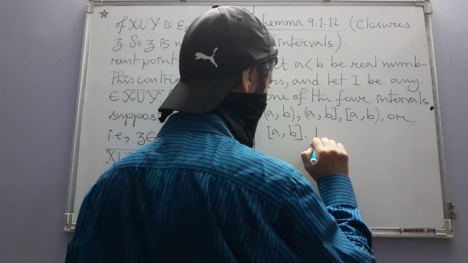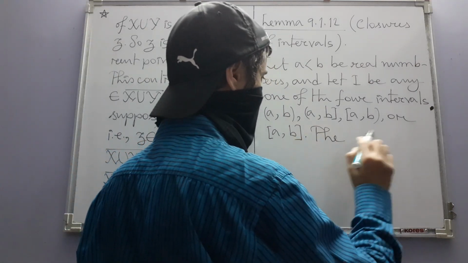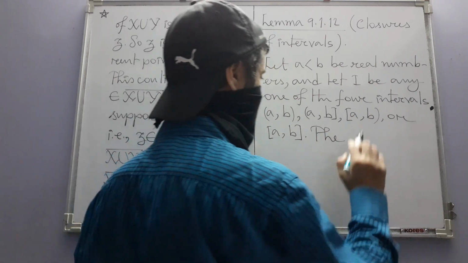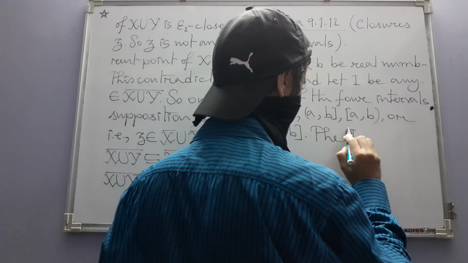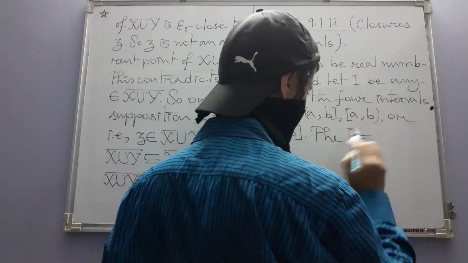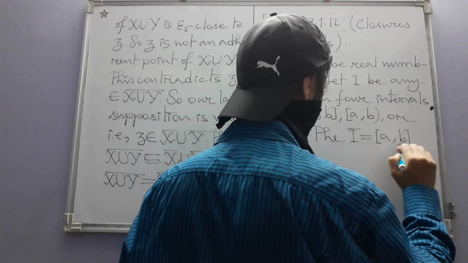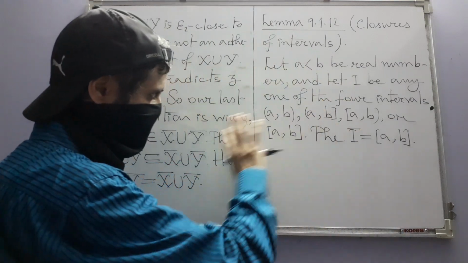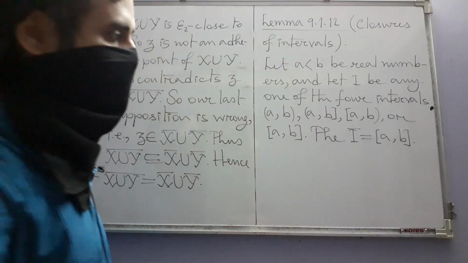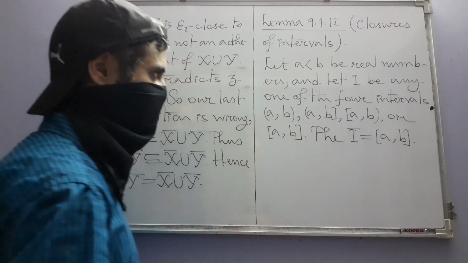Then the closure of I is the closed interval. Instead of writing in words, let me just use the notation. If I is any one of these four intervals, then its closure is this one, the closed one.